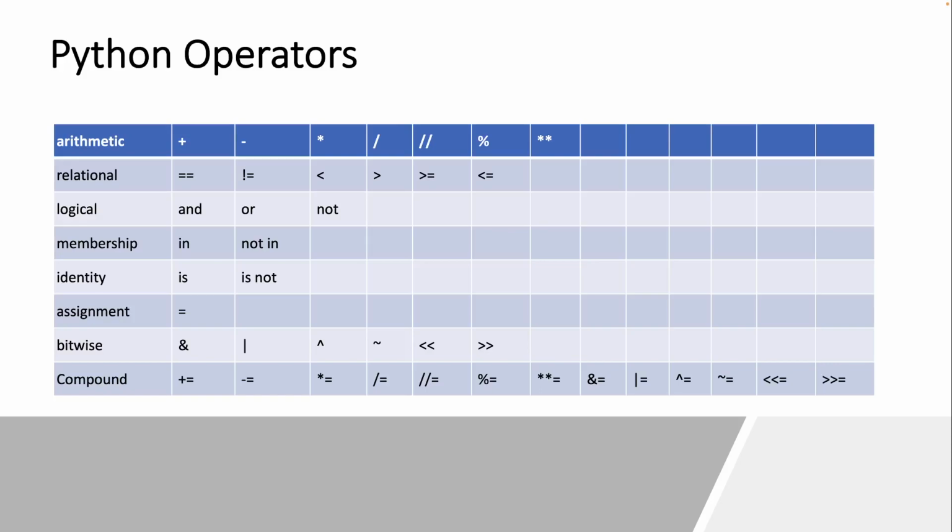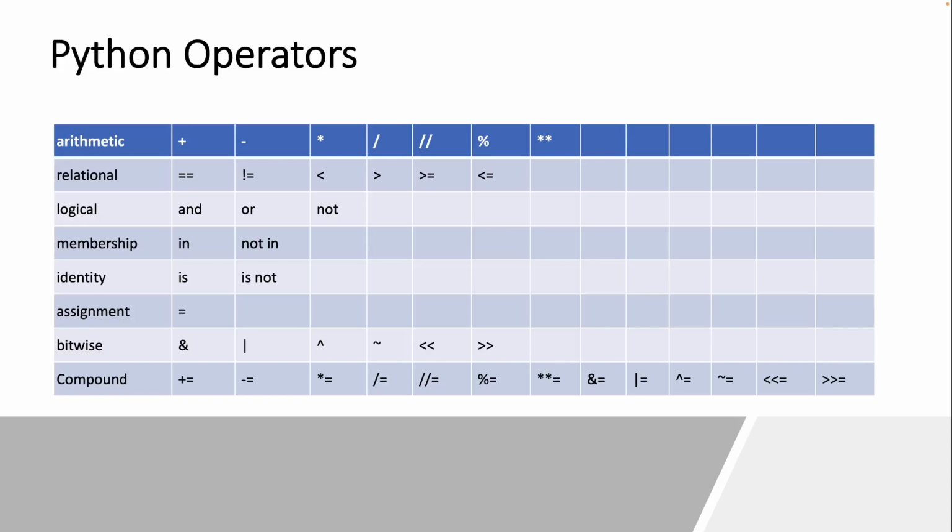In mathematics, a plus b equal to c, ax plus by plus c equal to 0, that is an expression, or the equation it is called.